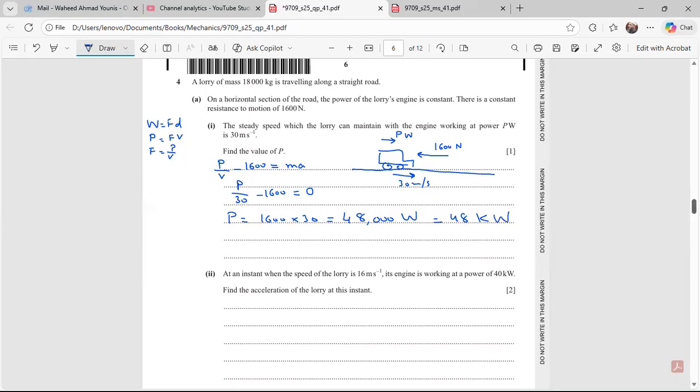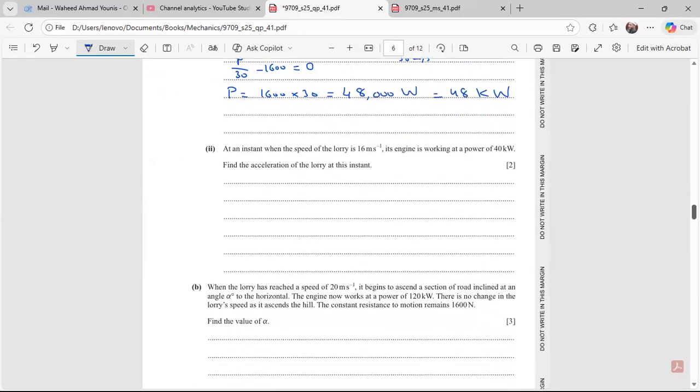Now let's move to the second part of this question. At an instant when the speed of the lorry is 16 meter per second, its engine is working at a power of this much. Find the acceleration of the lorry. I will use the same equation again, that the power divided by speed minus 1600 is equal to ma.